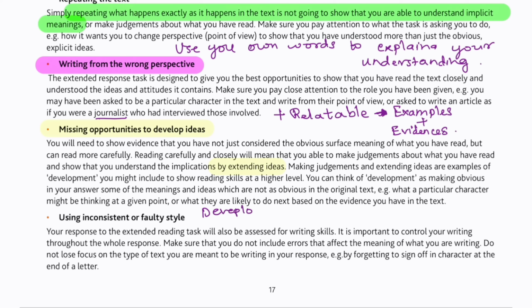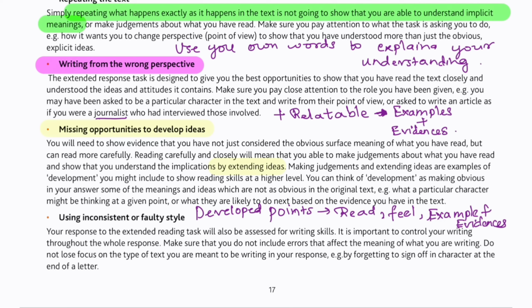Whenever I say developed points, what you should include is your understanding, what you read, what you have understood after reading, and what you felt after reading, with some examples from the text and some evidences.